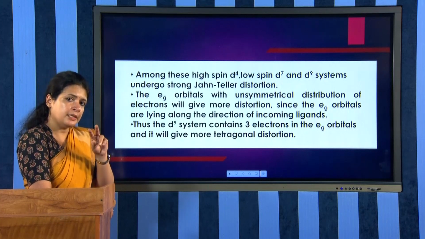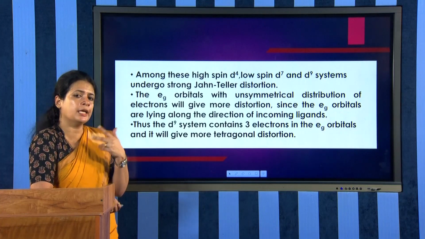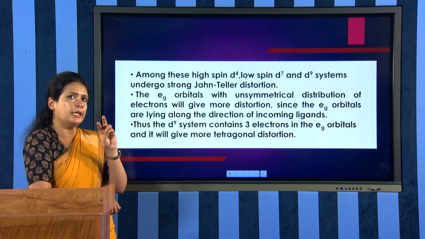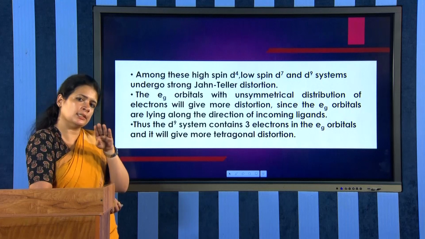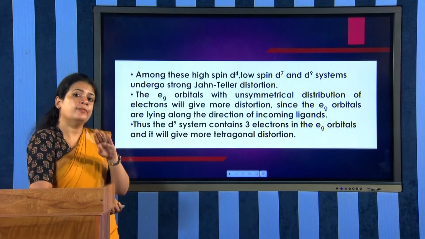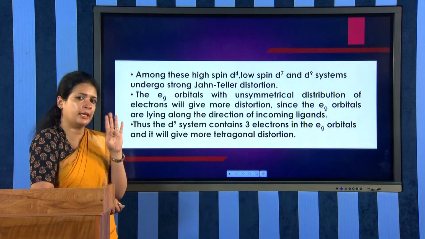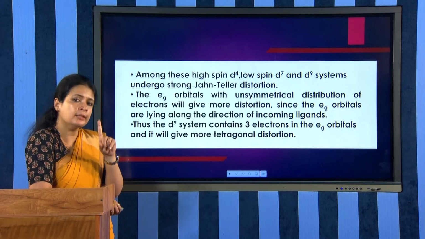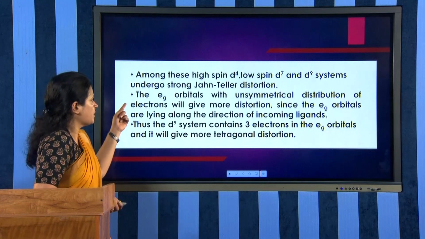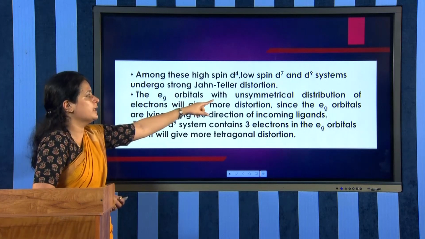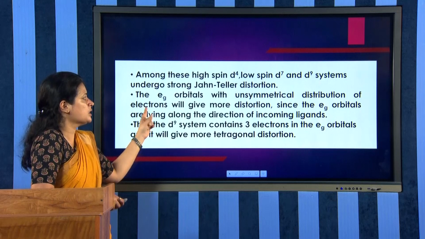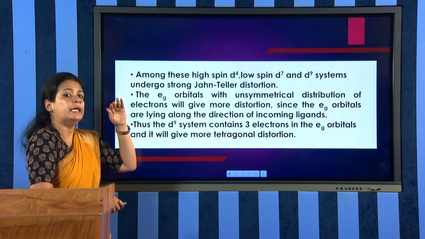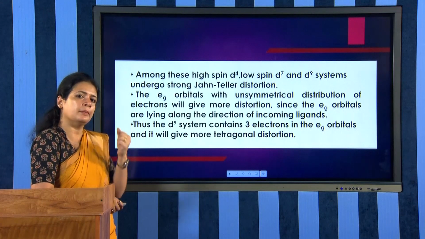When we are discussing symmetrical and unsymmetrical, eg2 is a symmetrical arrangement, eg4 is also a symmetrical arrangement. Eg1 is an unsymmetrical arrangement, eg3 is an unsymmetrical arrangement. So, the eg orbitals with the unsymmetrical distribution of electrons will give more distortion, since eg orbitals are lying along the direction of the incoming ligands.